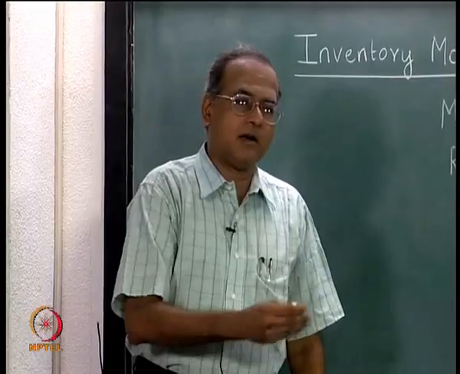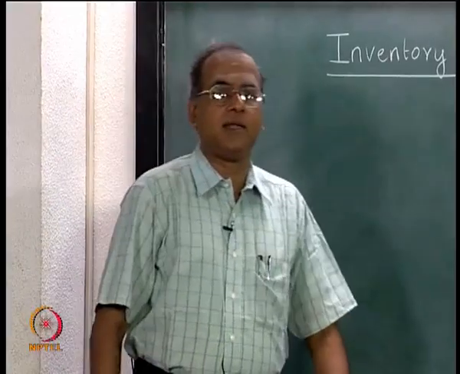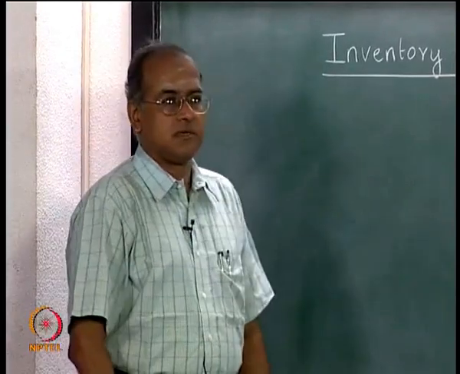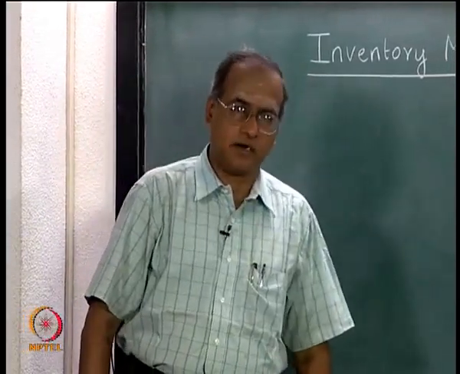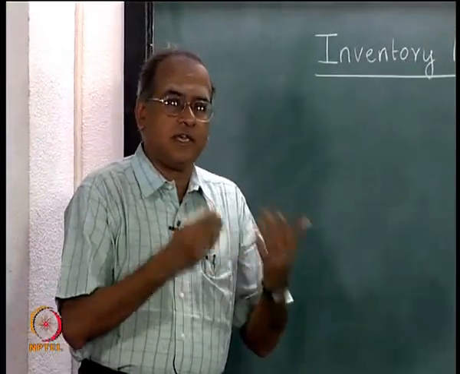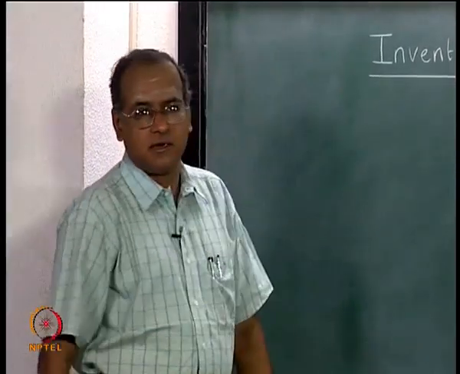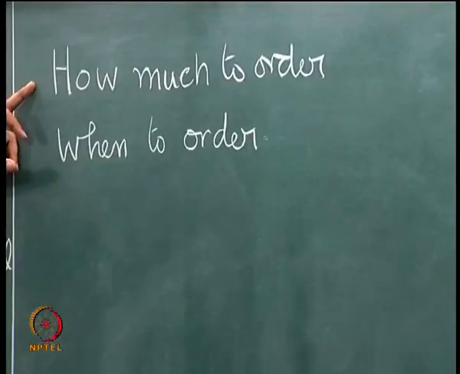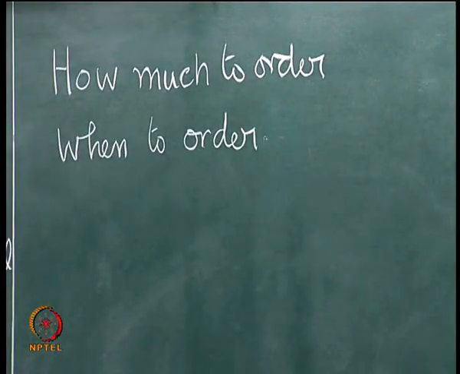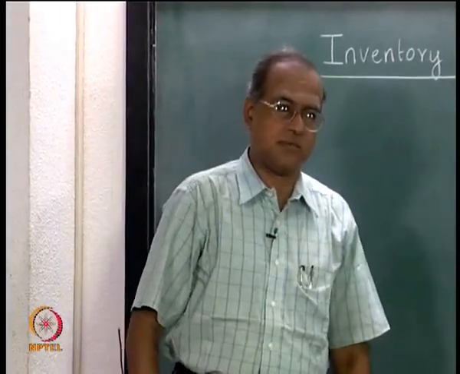So if the demand of the various products are known, these demands can be suitably multiplied to find out the requirement of each of these items or material that goes into the final product. Once we know the annual demand of each of the items that goes into the final product, we need to make decisions on what quantity we are going to order every time we place an order and when exactly we are going to order. So inventory control or inventory management essentially deals with these two aspects.